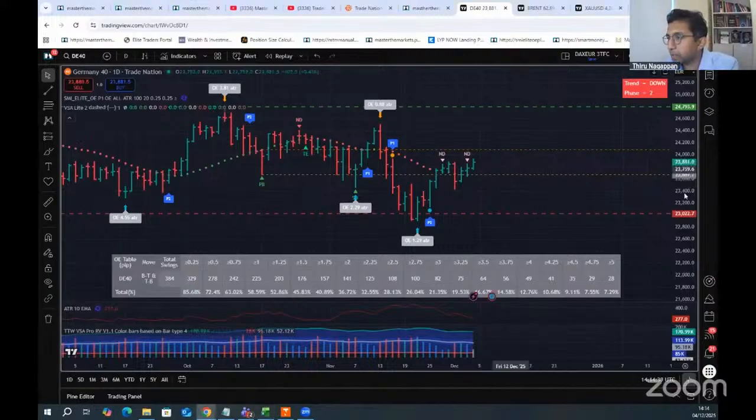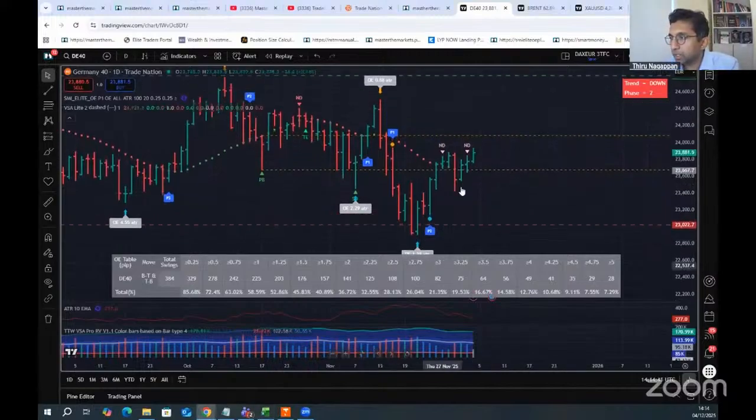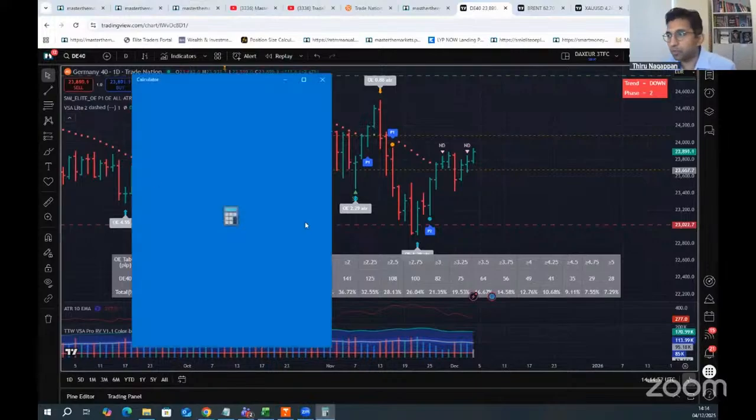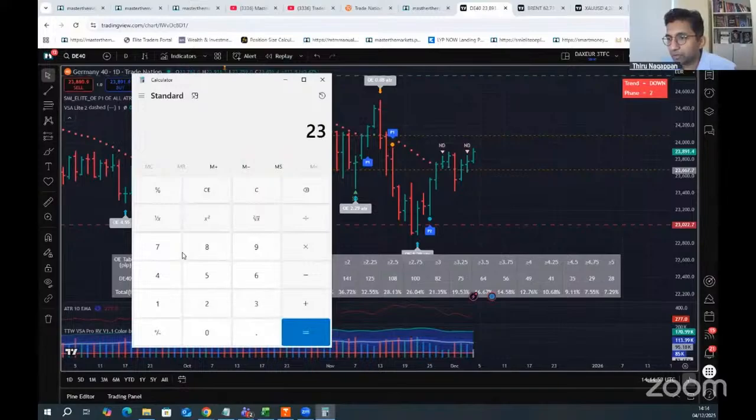So in terms of the low, let me take a look at the low here, 23,759 for today. When I add that 240, what do I get? Those of you who are faster in the maths will be able to figure that out very fast, and even the calculator.